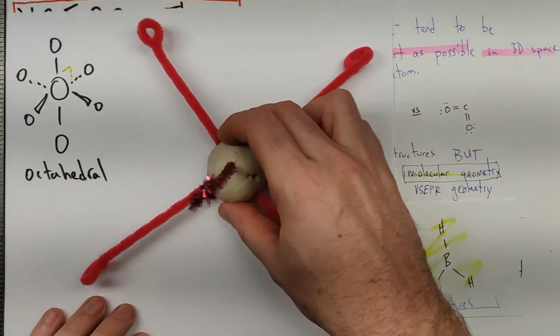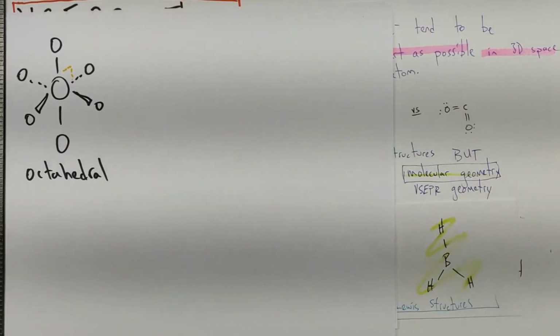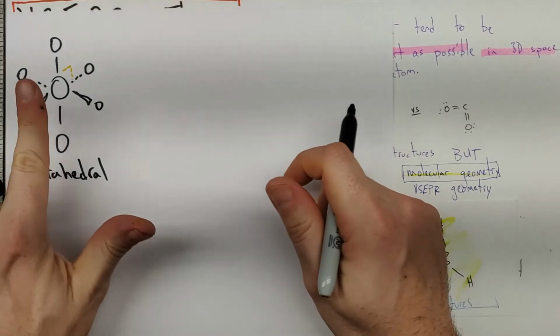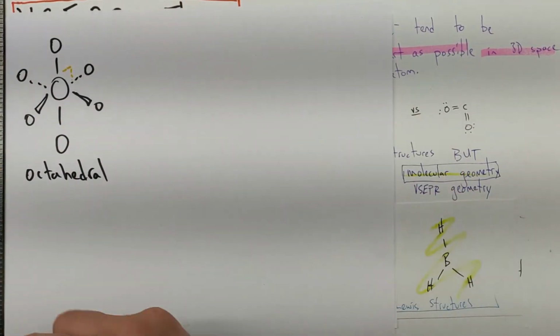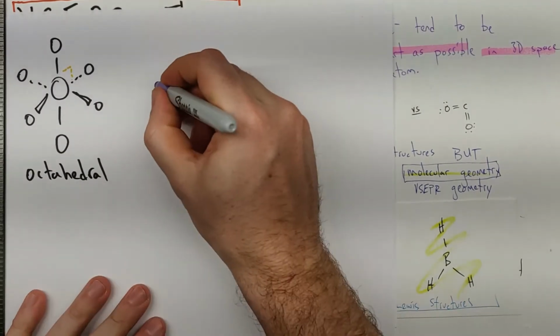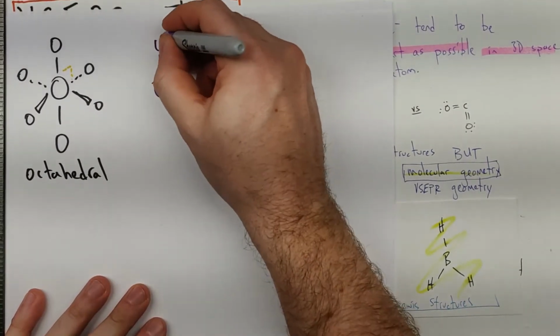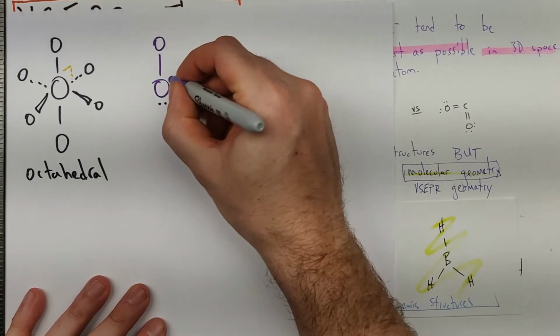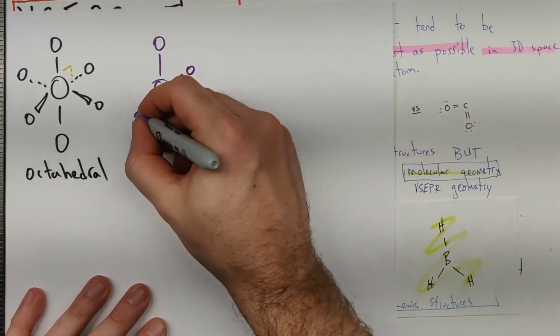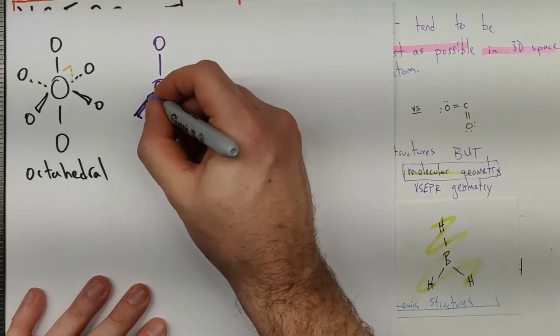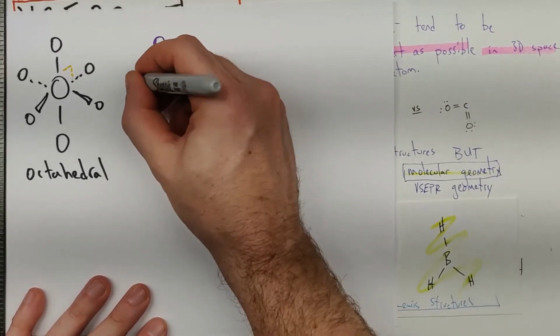And so we need a way to draw it. And all I'm going to do is not draw the bottom and put a non-bonding pair on the bottom where it was. So we have our central atom. Now we have a non-bonding pair down there. I have an atom going into the plane, coming out, coming out, going in.